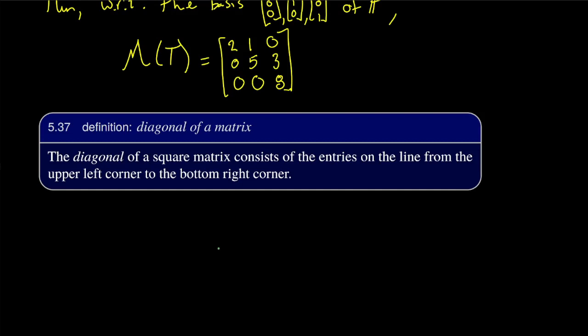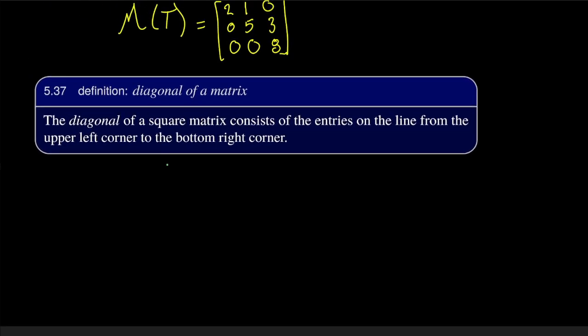That is, if we can put it together in a certain nice way, make the matrix have a nice form, then we're going to get information about what its eigenvalues are. So we're going to need to care about the diagonal of a matrix. The diagonal of a square matrix is just all the entries on the line from the top left corner to the bottom right corner. Example.